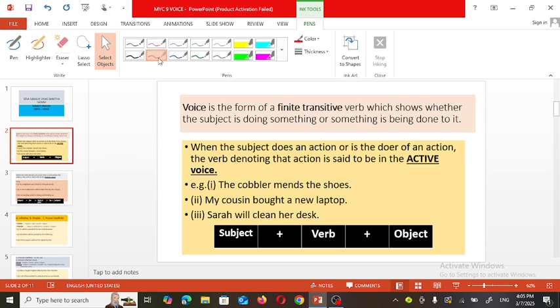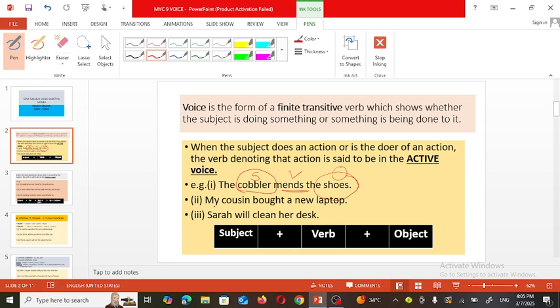Now here, cobbler is the subject, and on what did the action take place? Shoes, that is the object. And what is the action? Mend. So it is the verb. Means the formation of the sentence is subject plus verb plus object.